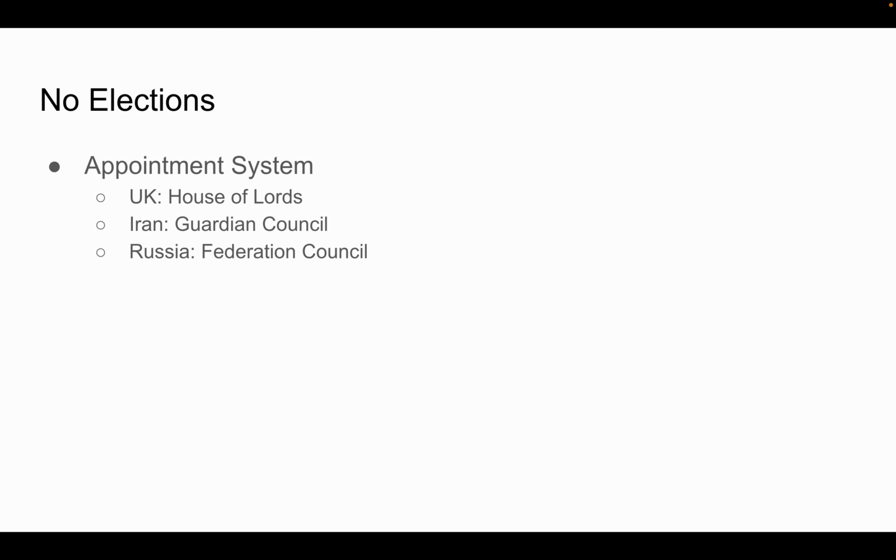So this is a way for an authoritarian regime to control the political agenda, as only political elites within United Russia will ultimately be selected to serve in the Federation Council.